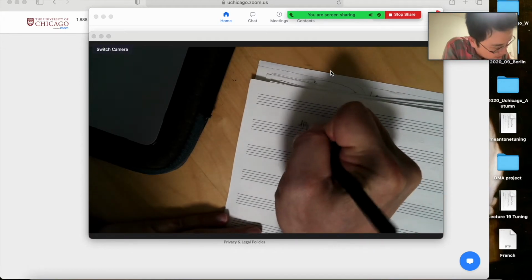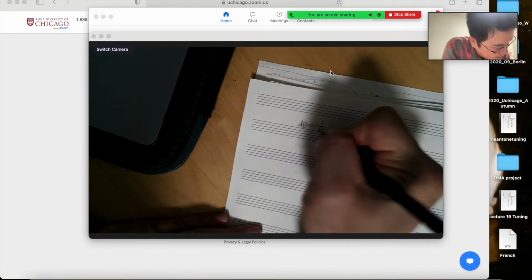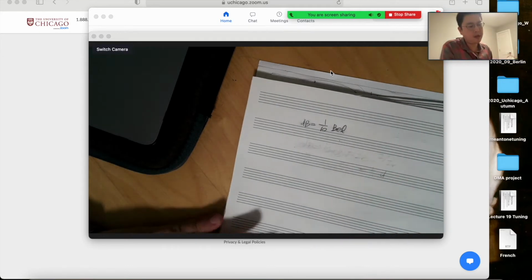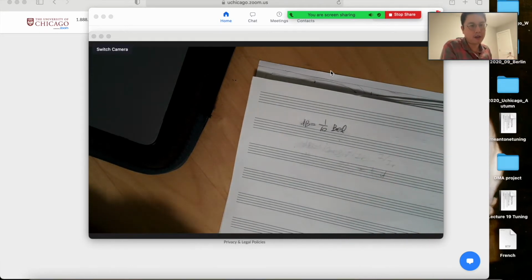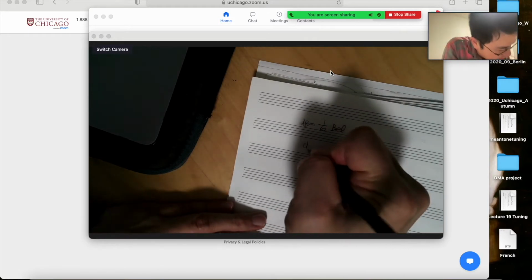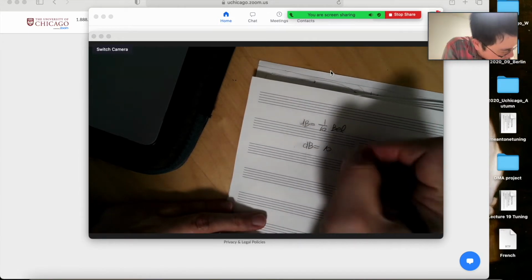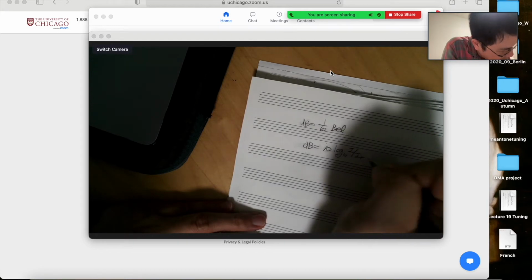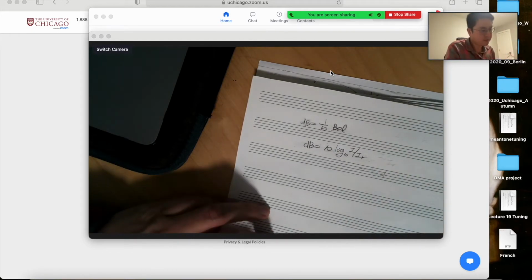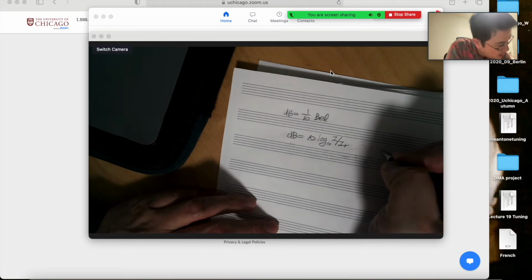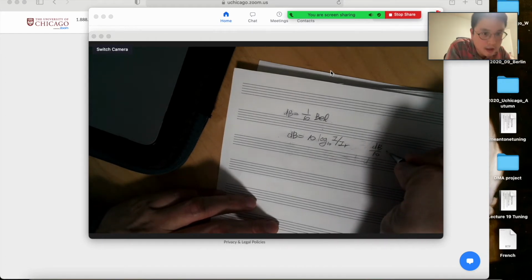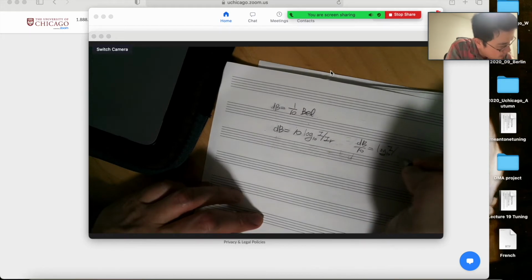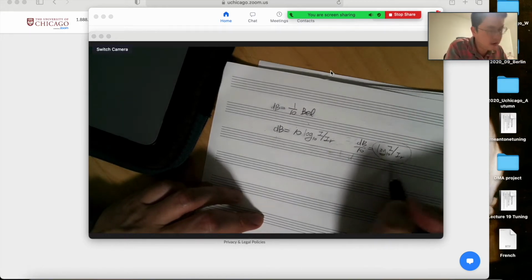So decibel is 1 over 10 of a bell, which means 10 times smaller than the bell. So the dB is 10 multiplied by log 10 of I divided by IR, which means dB over 10 is log of I divided by IR. So this is the bell.